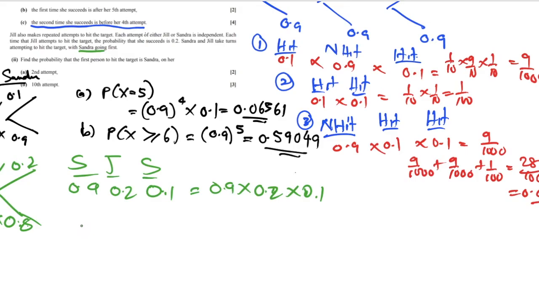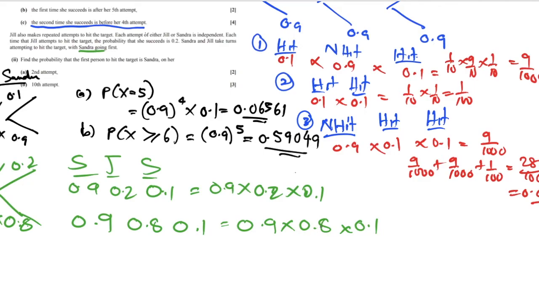No, she can't, because it's the second attempt. And Jill may not hit, and Sandra hits. So this is 0.9 times 0.8, and then times 0.1.